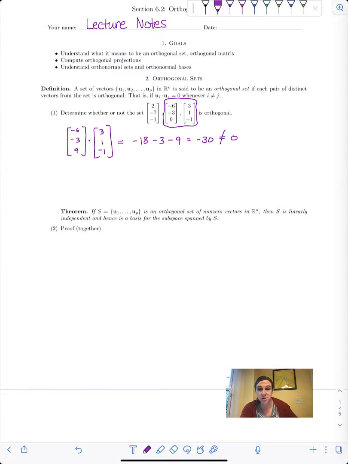So we can actually just stop right here, and this is not orthogonal. If those were 0, we would have to go through and test all the other ones to make sure that we get an orthogonal set. And I should mention that the others do have dot product 0.